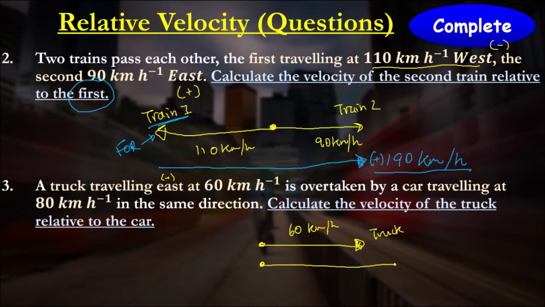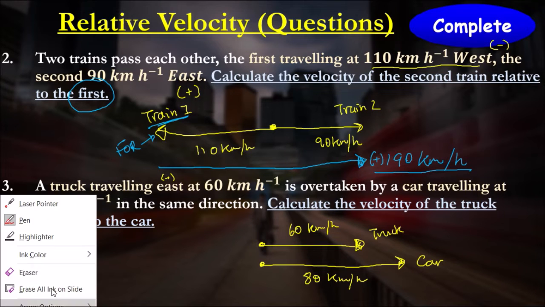So here we have 80 kilometers per hour, and we have our car in this direction here. It says calculate the velocity of the truck relative to the car.